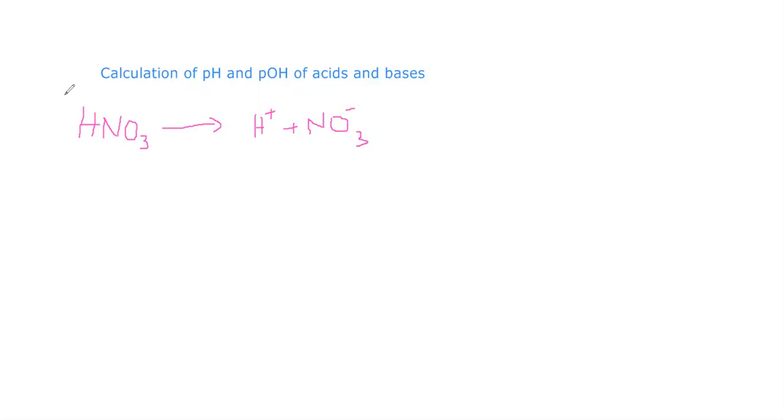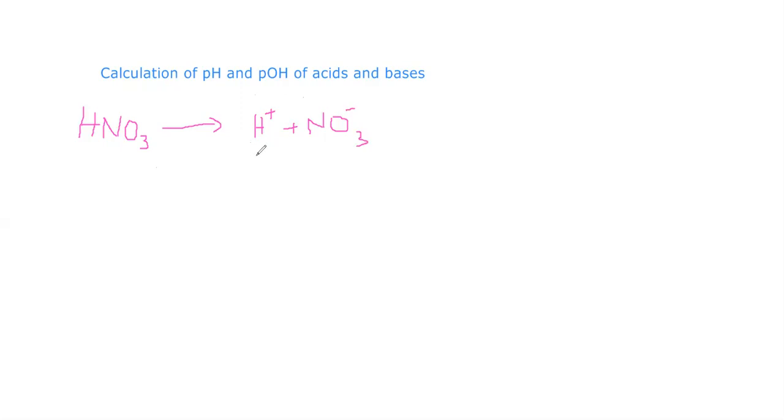So this is called an acid, and the example is nitric acid. Why is it called an acid? Because it is going to release hydrogen ions. That's why it is called an acid.